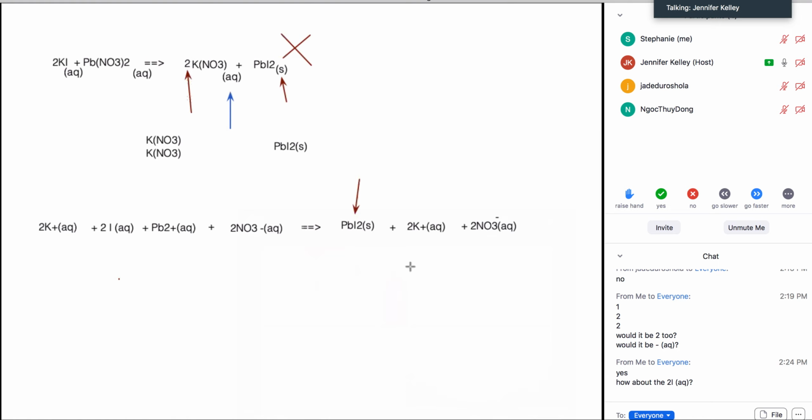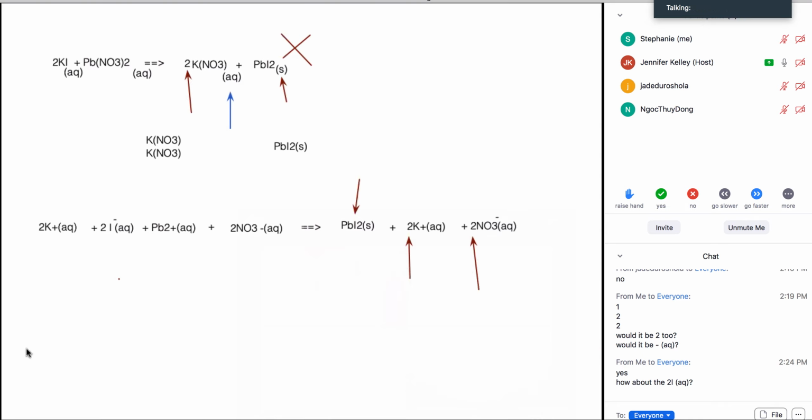And that causes there to be a 2 in front of the potassium and a 2 in front of the nitrate. Does that make sense so far? Yes, I should also have a minus. I don't know why I'm leaving off charges. All right. So that's 2K plus, 2I minus, Pb2 plus, 2NO3 minus, PbI2, 2K plus, 2NO3 minus.